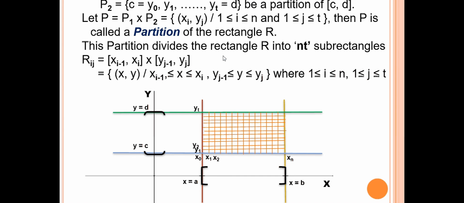So Rij is the subrectangle. You can consider any out of this. So these are the subrectangles Rij. And when you sum them, you will get the original rectangle. So this is all about partition of the rectangle.